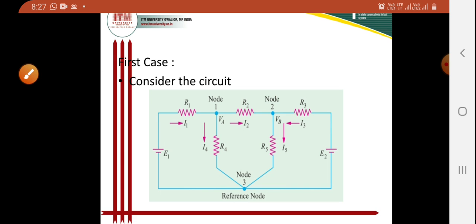Now coming to the blank slide, keep this figure with you because I am coming to the blank slide, and there I will analyze.